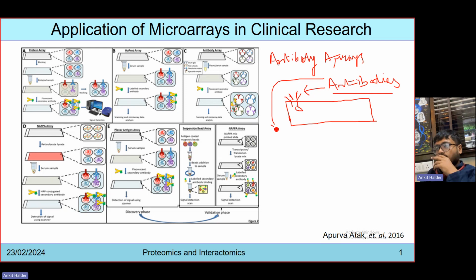Now we will say that these antibodies are of mutated protein.